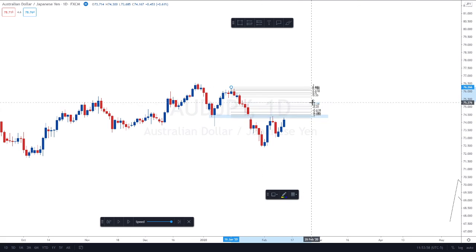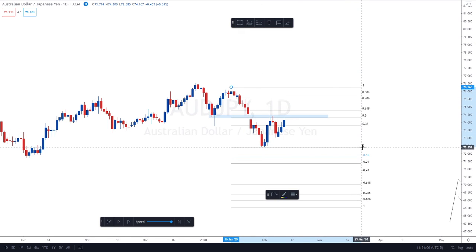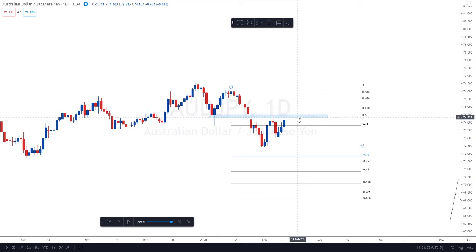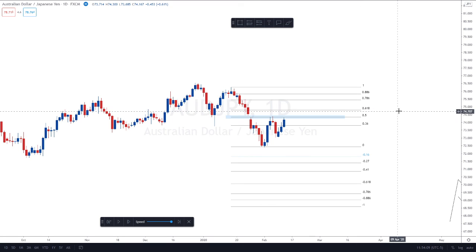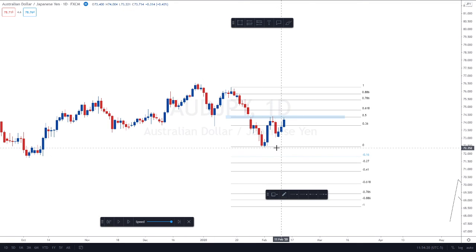We take our fibs from the top of the impulse, bring it all the way down to the bottom of it. We can see price is right on the 50. And what we remember about the 50 is that price usually takes back 50% of its move. Price usually goes back to the 50 Fibonacci level. So most of the time you'll see this happen. Okay, so take our trend line.